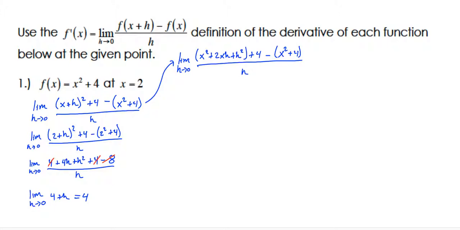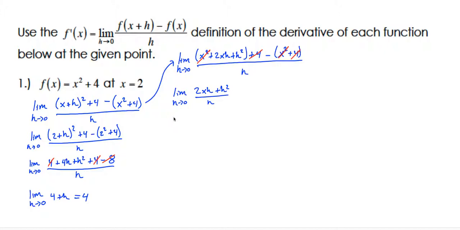And again, if we look closely here, we have an x squared and an x squared. Those are going to be subtracted, so those cancel. We have a positive 4 here, and if we distribute the negative, that 4 there would cancel as well. So now what I have is the limit as h goes to 0 of 2xh plus h squared over h.